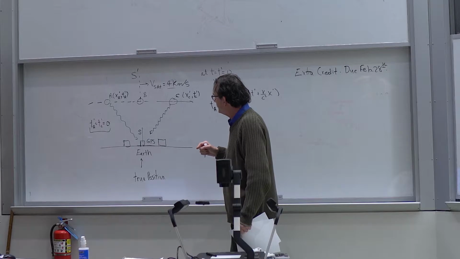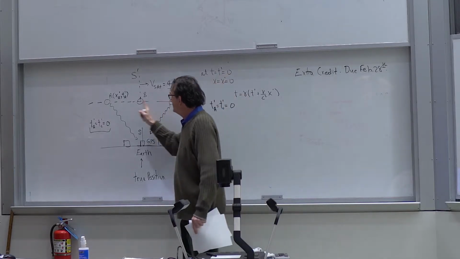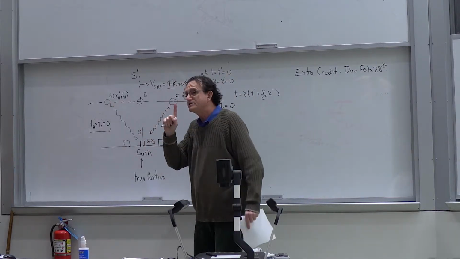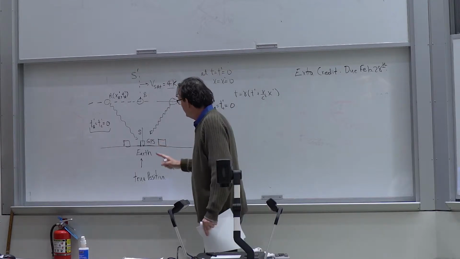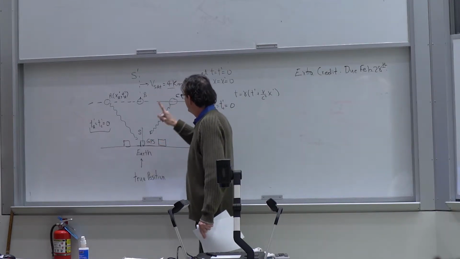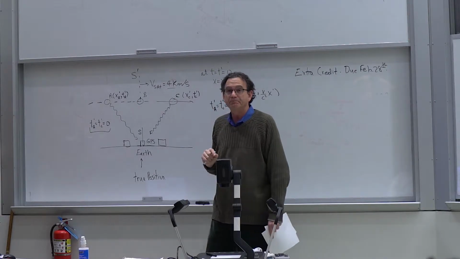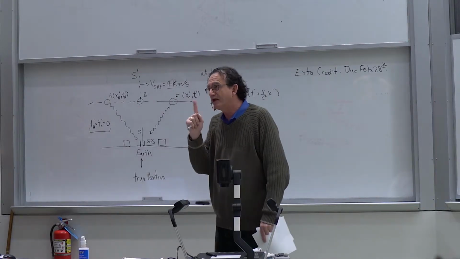So we've got a similar situation here, and what we have is that even though they emitted at the same time here, there is, in fact, from Earth's point of view, one of these was emitted before the other one. Okay? So here's what happens.